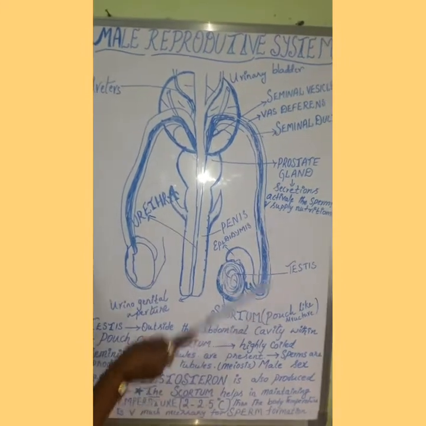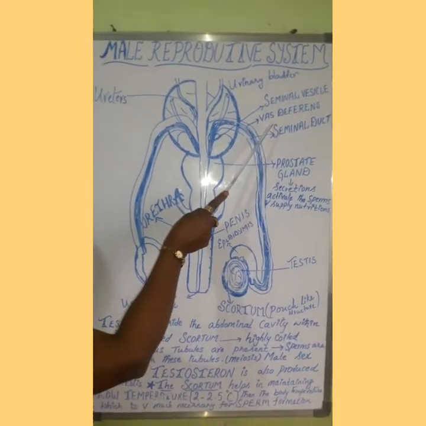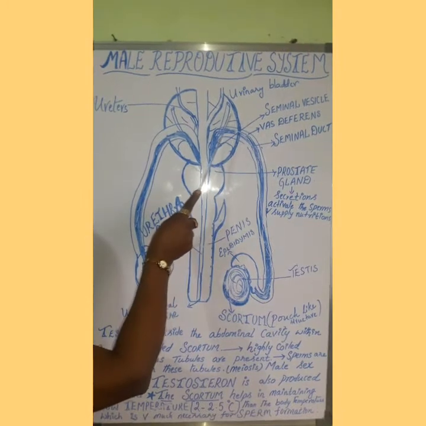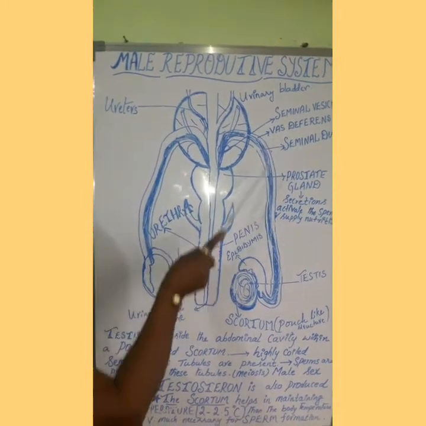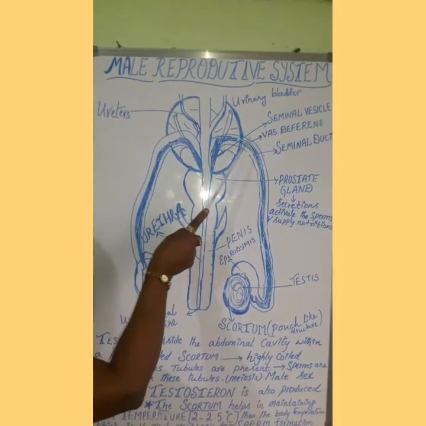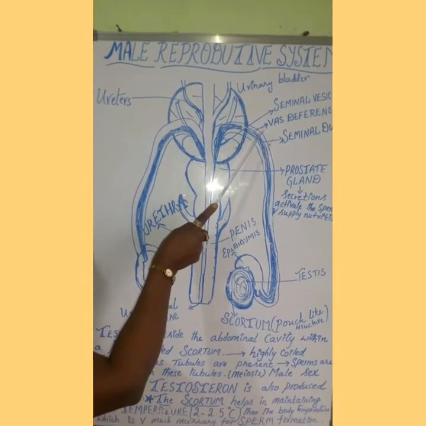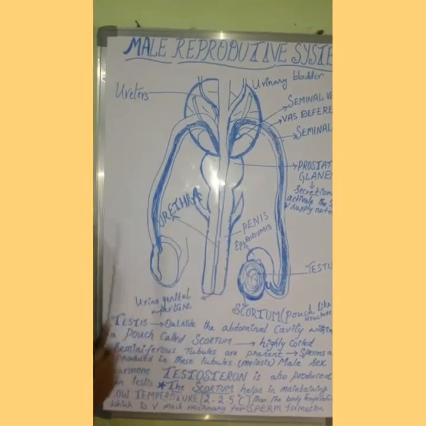It ascends into the abdominal cavity, looping around the ureter.